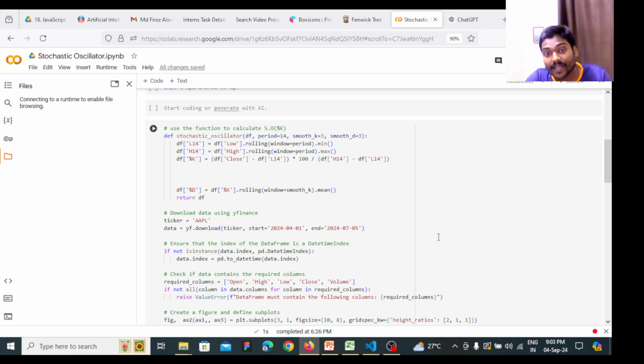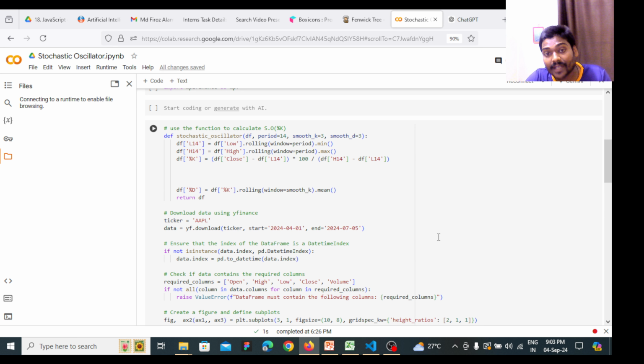If not all required columns are in data, here we use the condition to check whether the data contains the columns or not. Then create a figure and define the subplots ax1, ax2, and ax3.